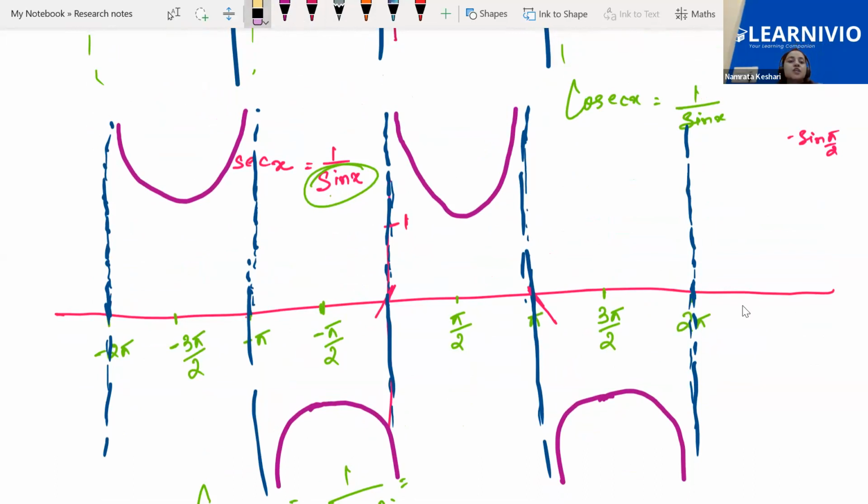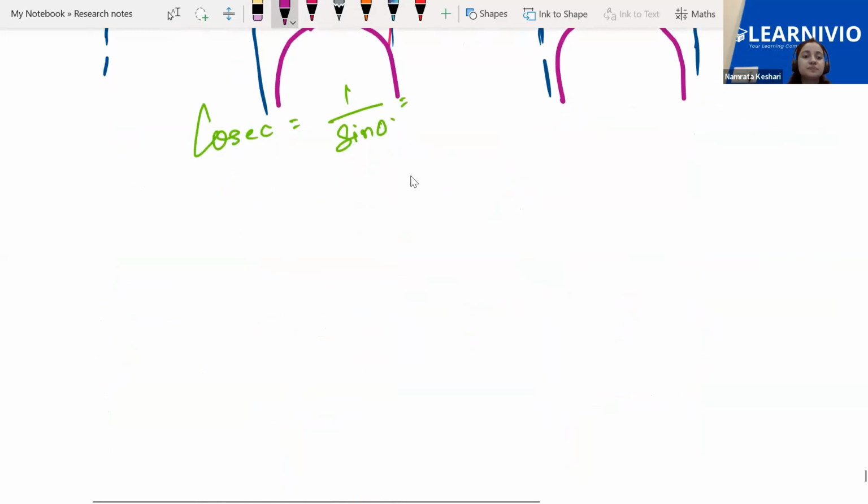Now again the same question. What is the domain and what is the range? Tell me what is the domain. Cosec means 1 by sine, and accordingly you have to think about the domain. Please tell me. Sine can take all the real numbers.